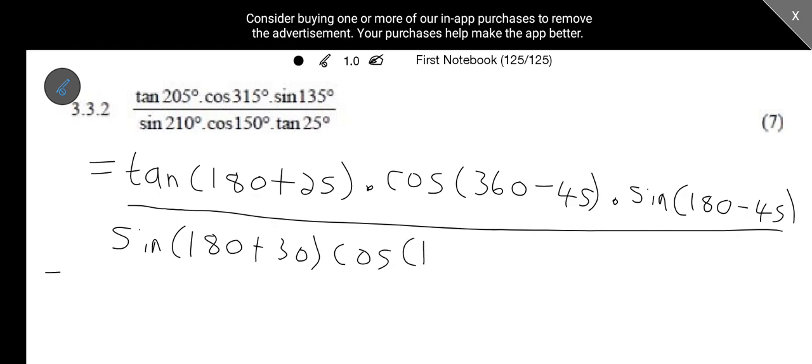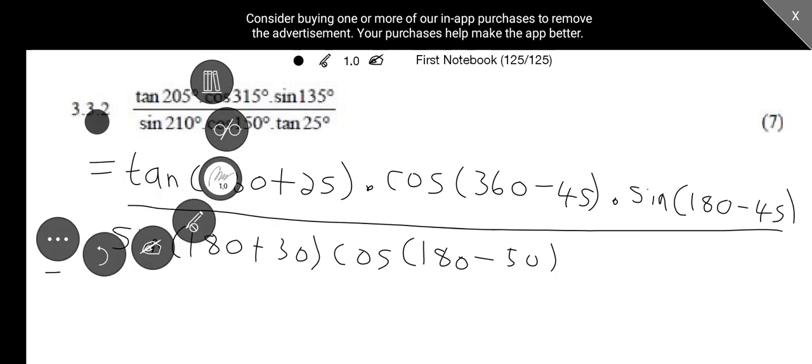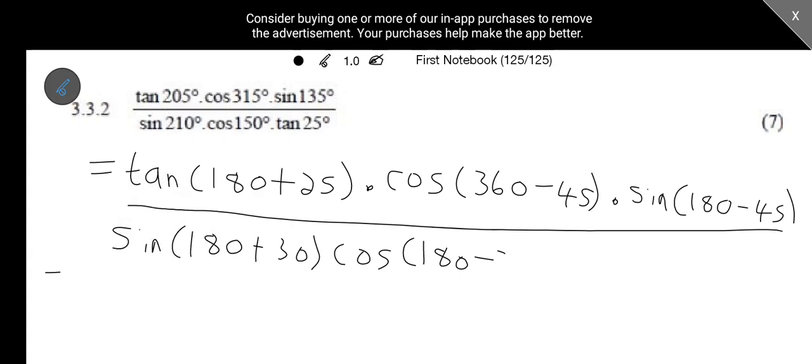And I'm going to say 180 degrees minus, how much do I have to minus to 180 to get 150? Well, I have to minus 30. Let me write that nicely, because it looks like a 50. So I'm going to have minus 30, and then the last one, we're just going to leave it the way it is. That's tan of 25.